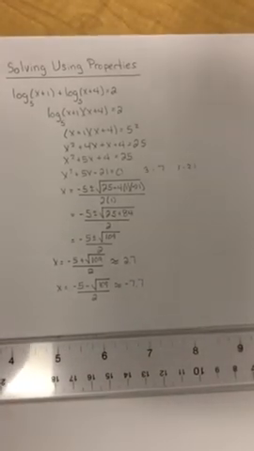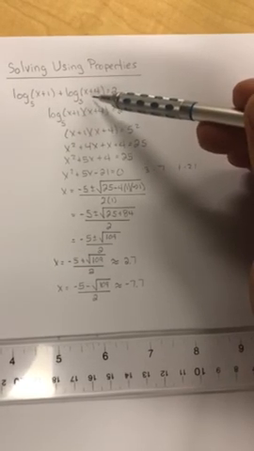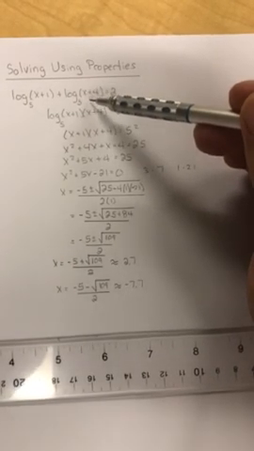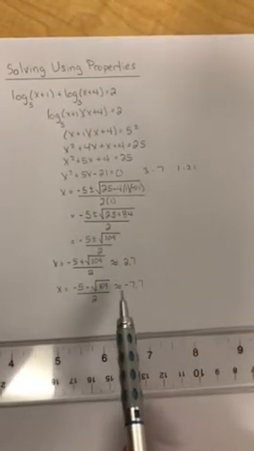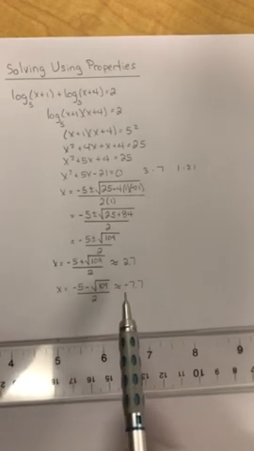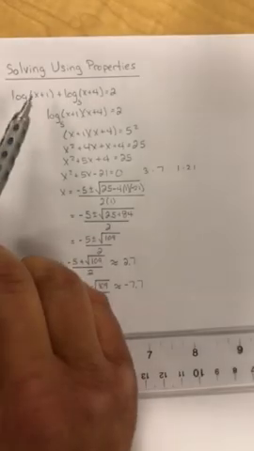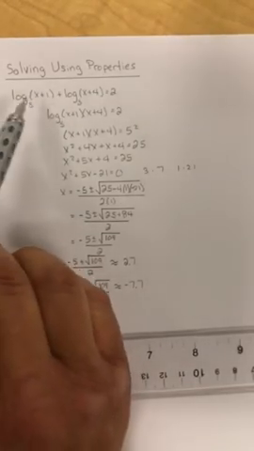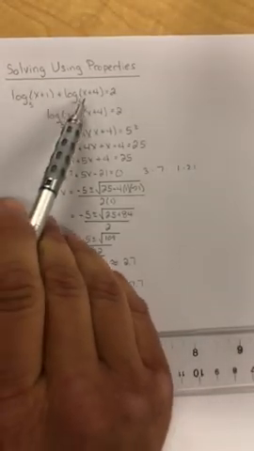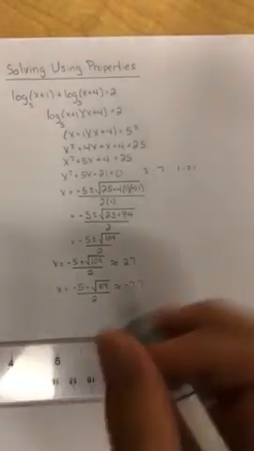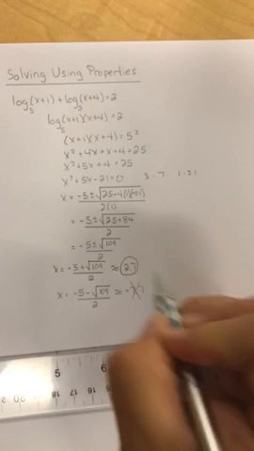Logarithms have a domain of x values that have to be greater than 0. It can't be equal to 0 and it can't be negative. Just because a number is negative does not automatically eliminate it from being a solution. It's when you take this number and plug it back into here or here, anywhere in the original, does that result give you a case where you have to take the log of a negative quantity? In this case, the negative 7.7, if you plug it in here or here, it's going to fail and it's not going to be a good solution. So we're going to cross this one out. The 2.7 is going to be your only solution.